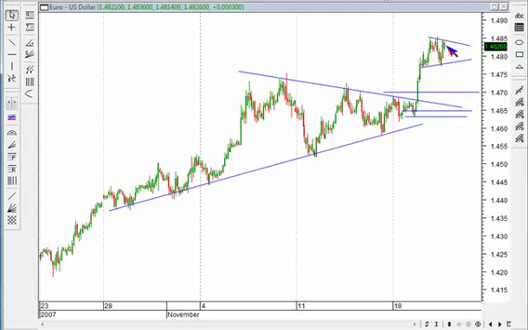And so even if it doesn't reach its full price target, we're still going to make quite a bit of money as long as it moves far enough in the direction that we thought it was going to go, that we can start moving our stop loss up to protect those profits that we do have.